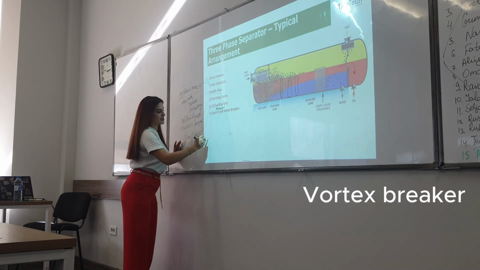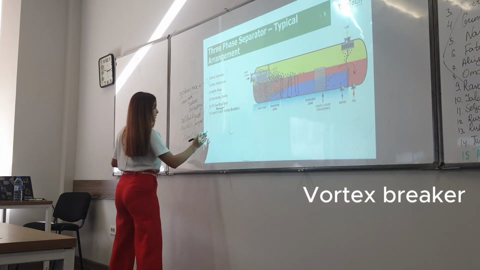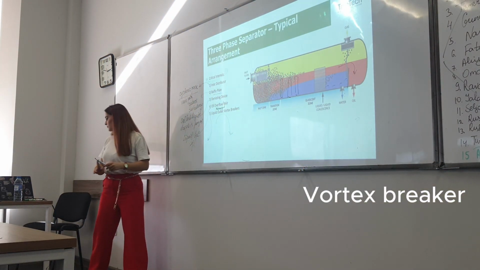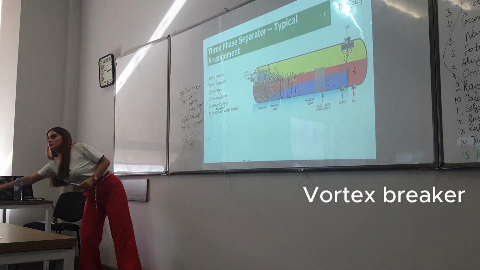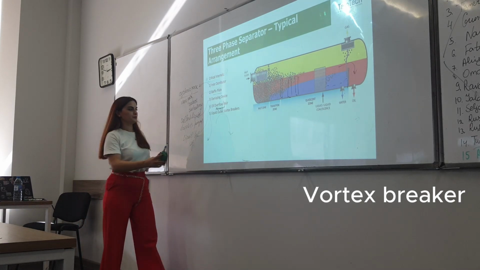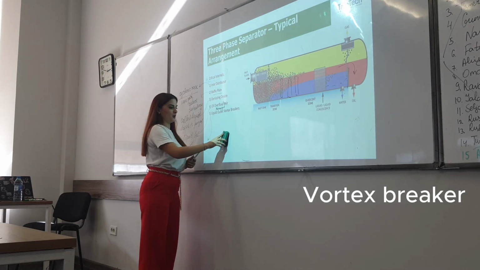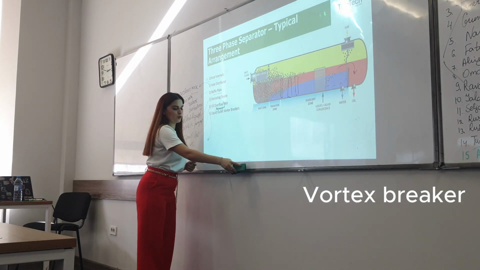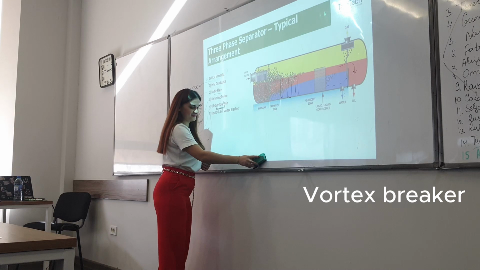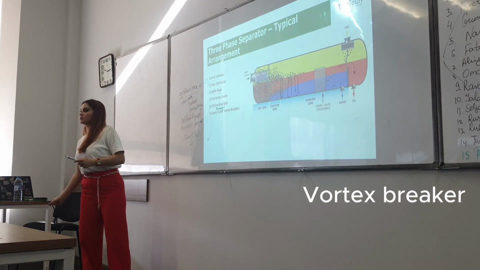Next one, the vortex breaker. Who knows about the vortex breaker? Can I say? Yes, let's say. For example, we have the flow, and we have very valuable things like components. Vortex means in Azerbaijani burulgan, and when the vortex occurs, our fluid goes through the outlet.